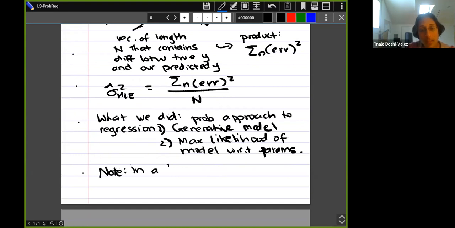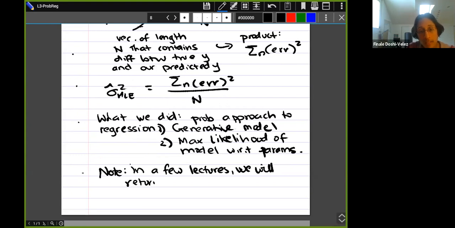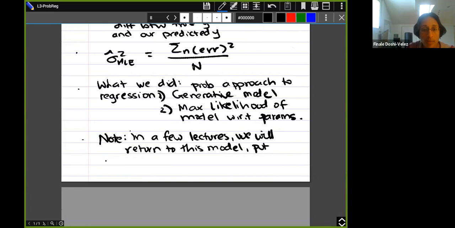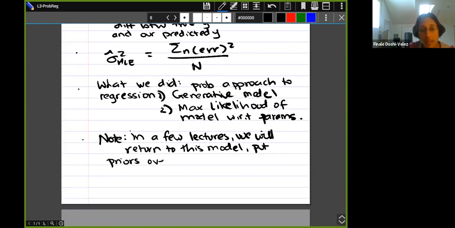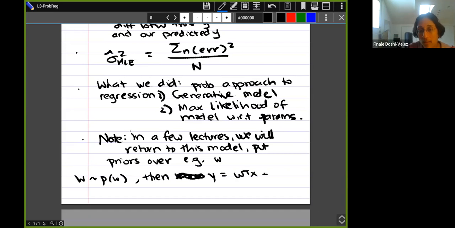I'll just leave one last note. In a few lectures, we will return to this model, and we'll put priors over, for example, W. So our story might be that W comes from P of W, then everything else happens: Y is equal to, right?